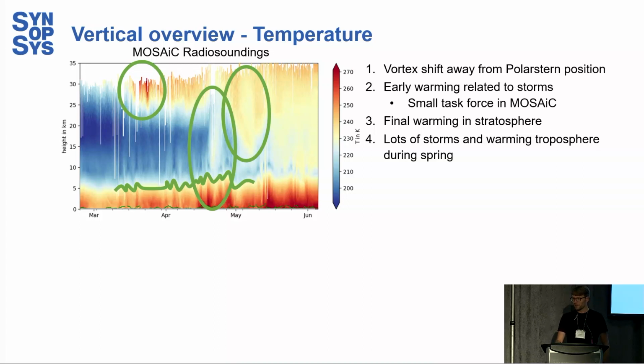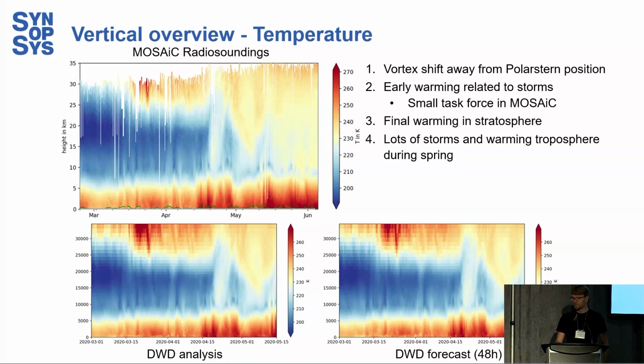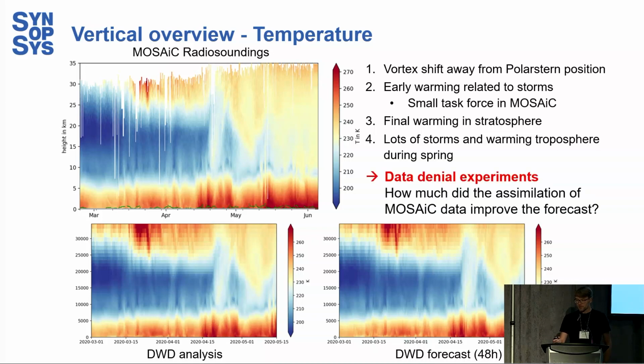This is the DWD analysis, which is basically the same because the radio soundings were assimilated, and from that perspective, the forecast also looks quite good. Of course, it would be interesting again to see these plots with data denial experiments, which are in the making for some parts of April, so we have to wait for these results.